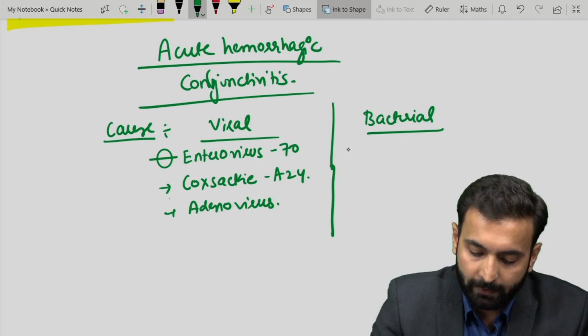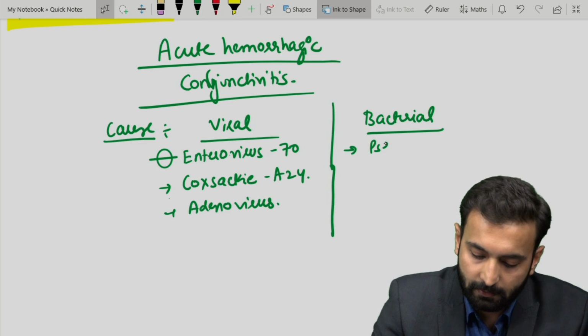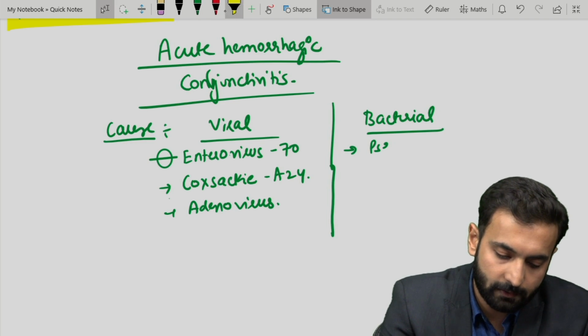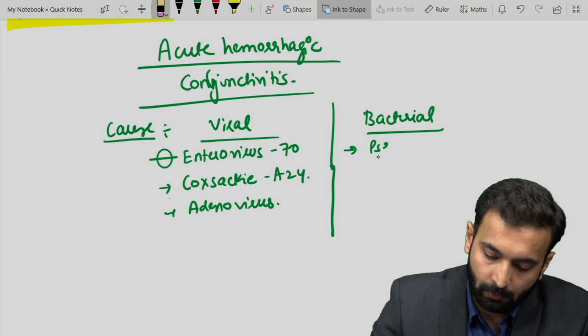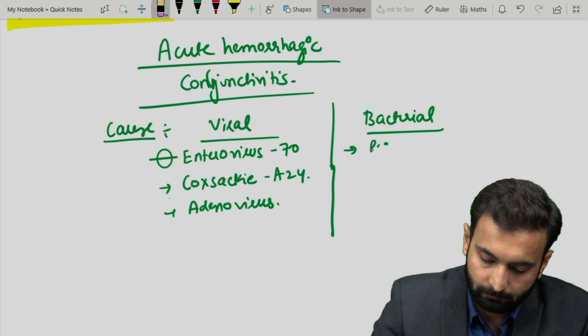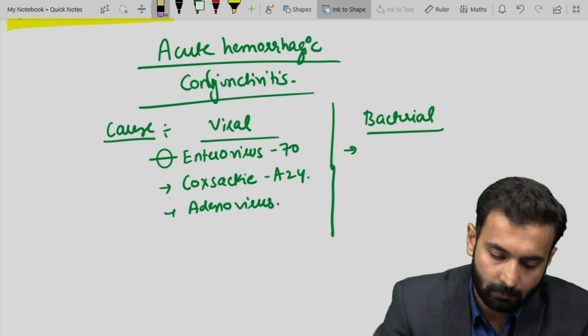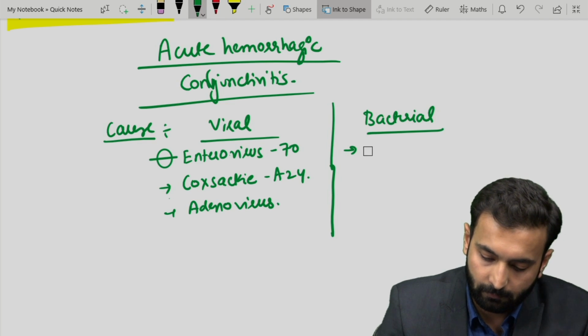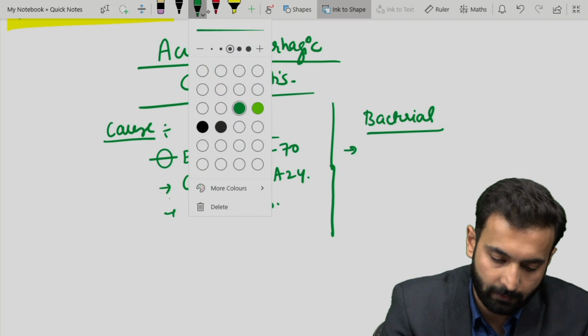Now coming to the bacterial causes, first is pneumococcus. This is pneumococcus, write down.